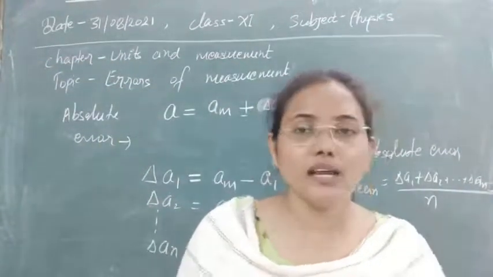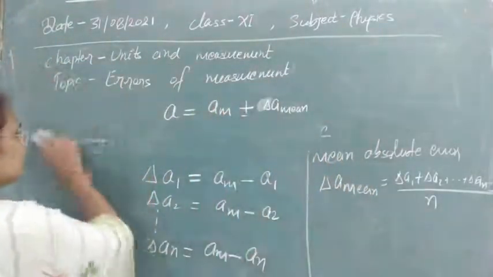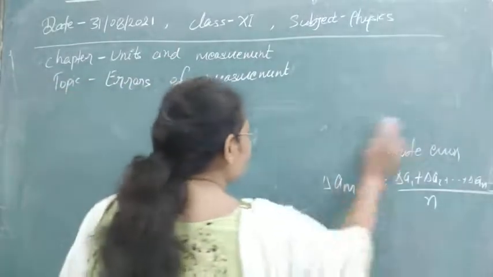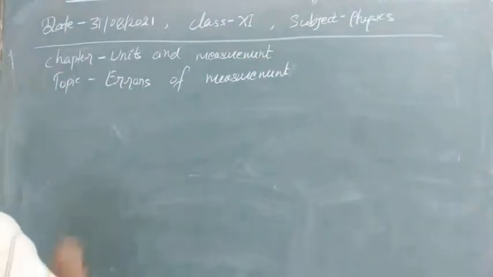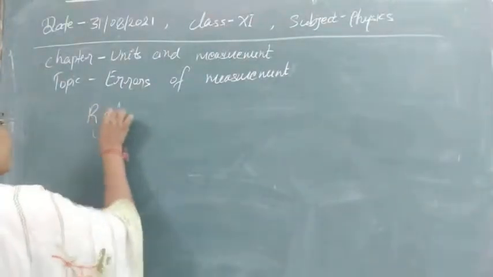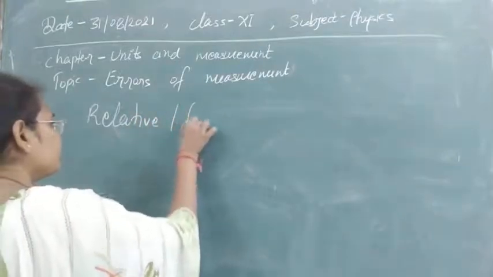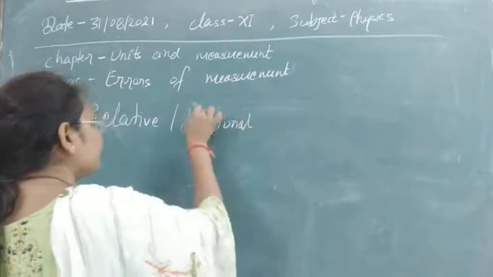After this, let's see fractional error or relative error. This is the way to calculate errors. The second type of error is relative error, which we also call fractional error.